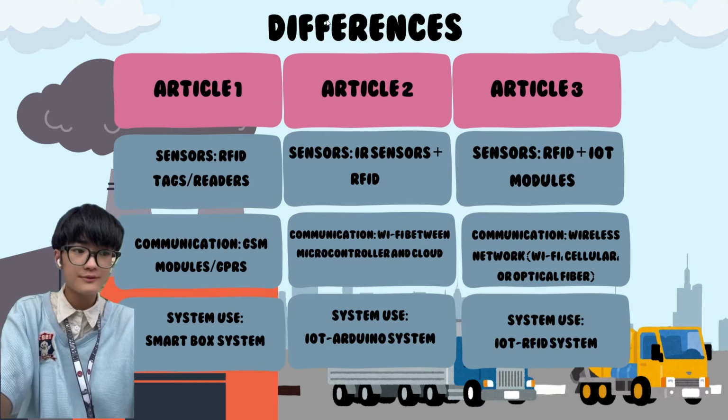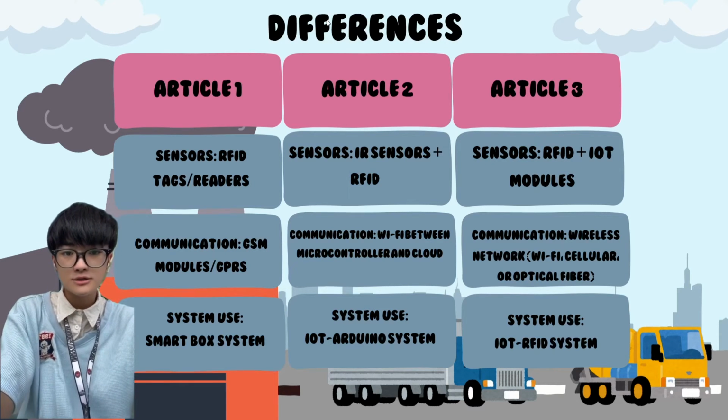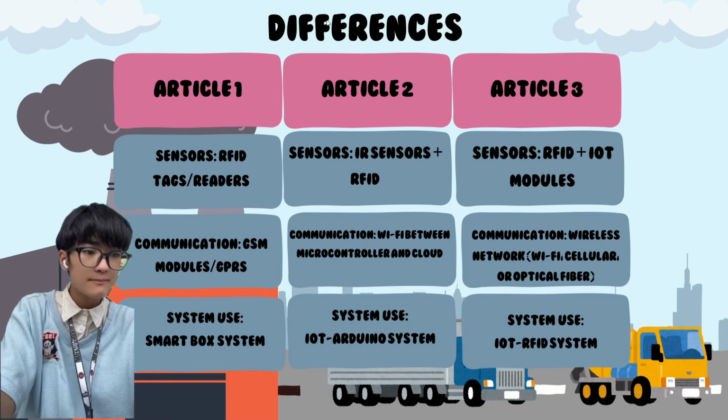For Article 3, we use RFID plus IoT modules. Secondly, I want to talk about the communication. For Article 1, we use GSM modules or GPRS. For Article 2, we use Wi-Fi between the microcontroller and the cloud. For Article 3, we use a wireless network.